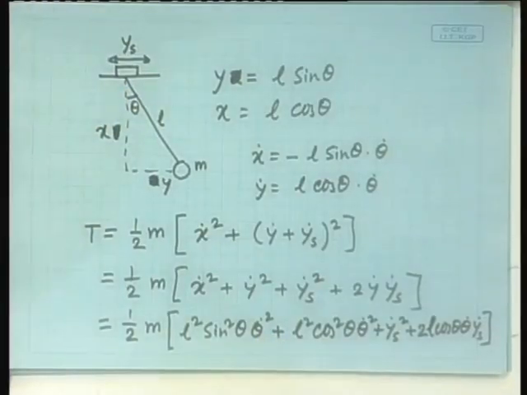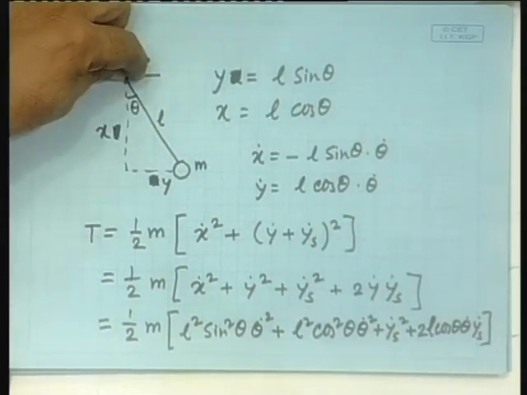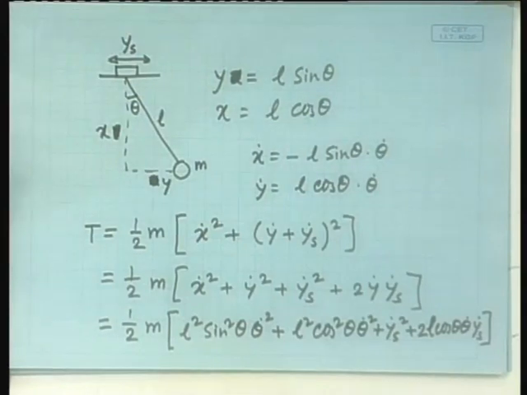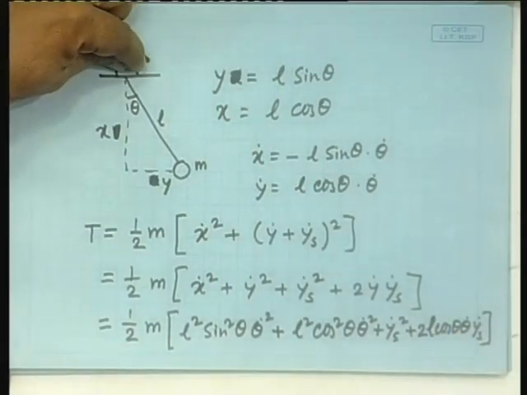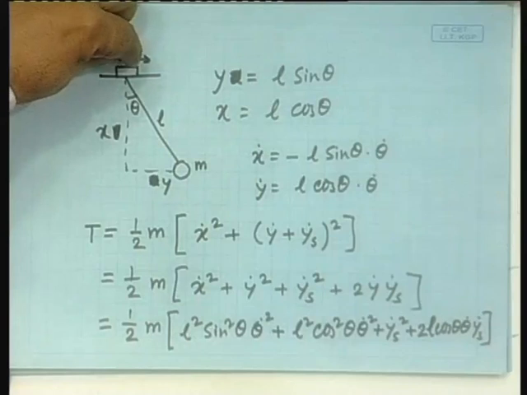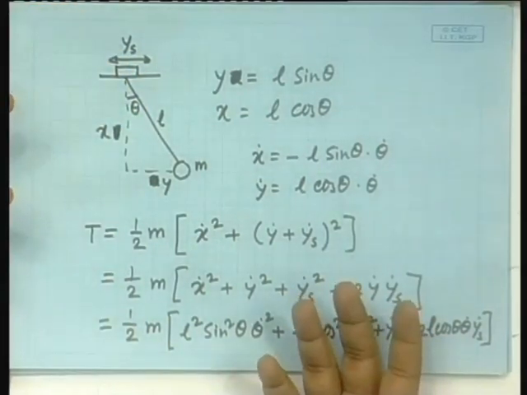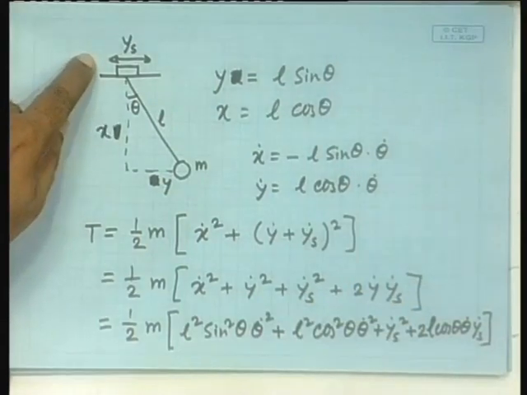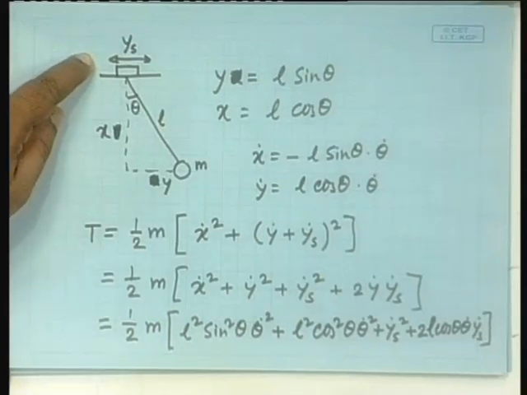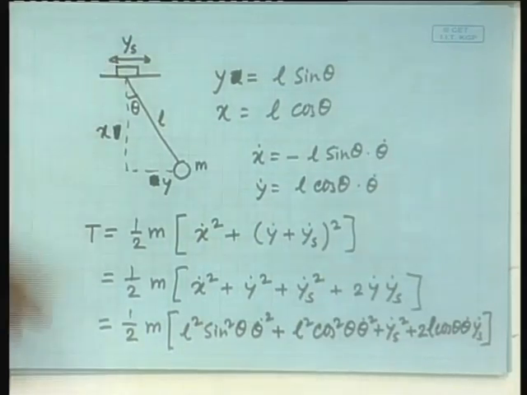And sir, in this case we have considered it massless, right? If it had a mass, then we would have considered a kinetic energy term. Her question is, if this fellow were a mass, then somebody would not be able to move it just like that. It would be application of a force, and this will then have its own dynamics. In that case, yes, we will consider another differential equation with respect to ys, and ys becomes an independent coordinate of the system, an independent degree of freedom.